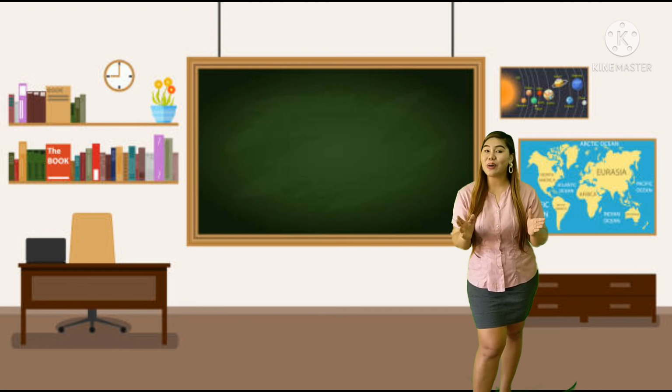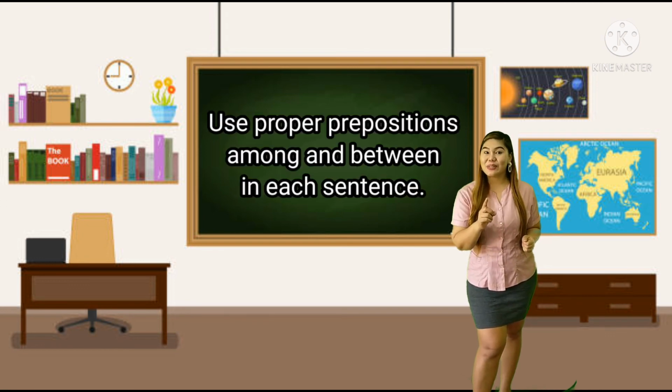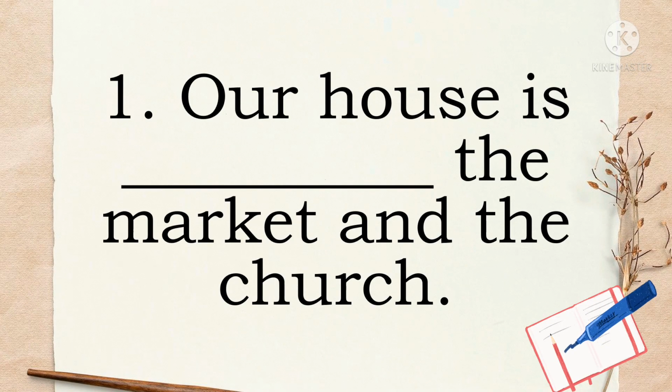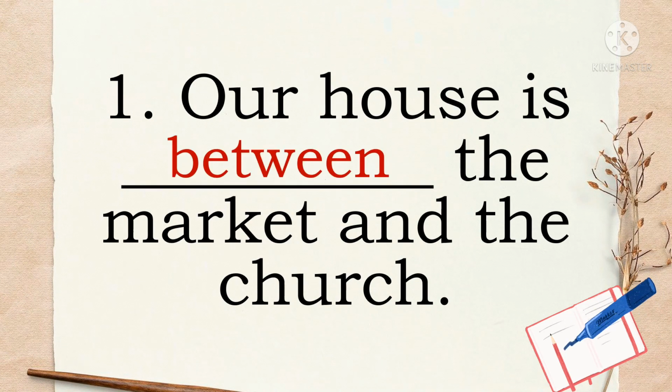I still have some for you. Use proper prepositions among and between in each sentence. Write your answer on the space provided. Number 1. The house is blank the market and the church. The correct answer is between.